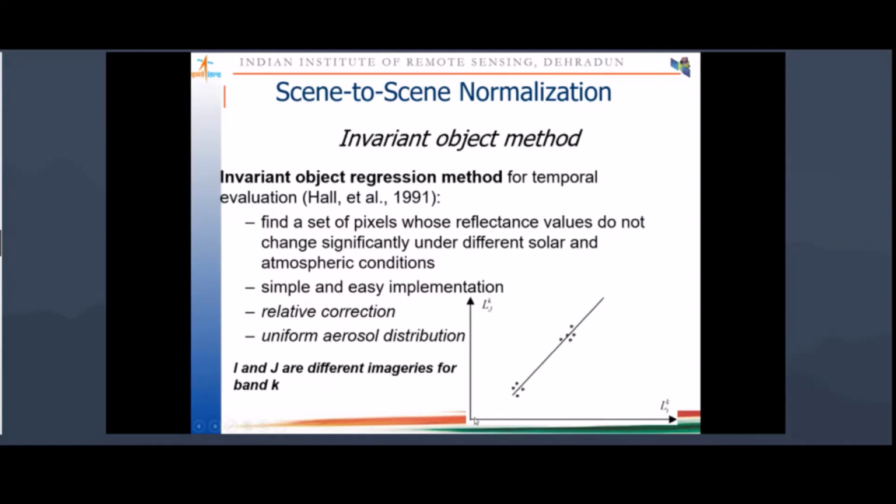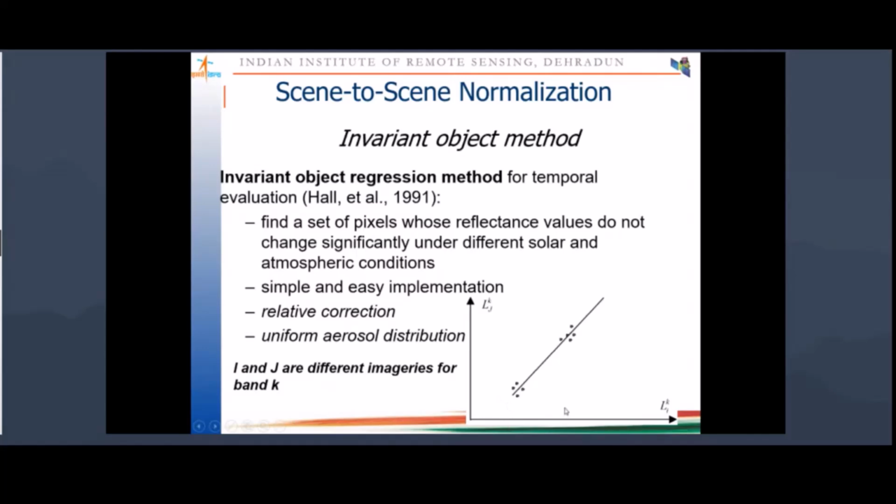However, because these are pseudo invariant, there might be some changes due to the feature changes itself, or due to solar illumination conditions, or due to different pollution effects, local pollution effects. So you will have some slight deviation from the actual slope of 1. You will have another slope which is not equal to 1. Okay, and there might be an intercept also.